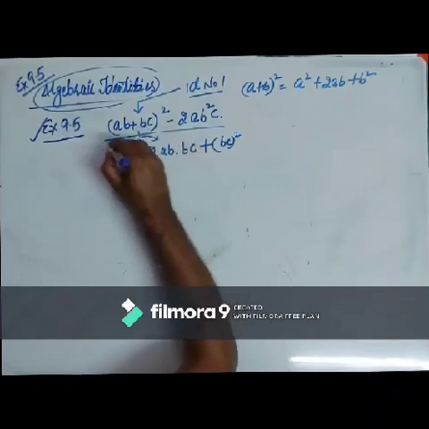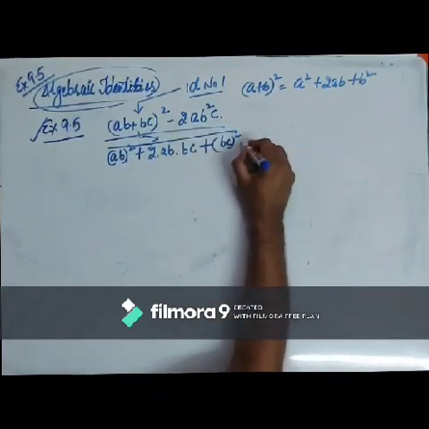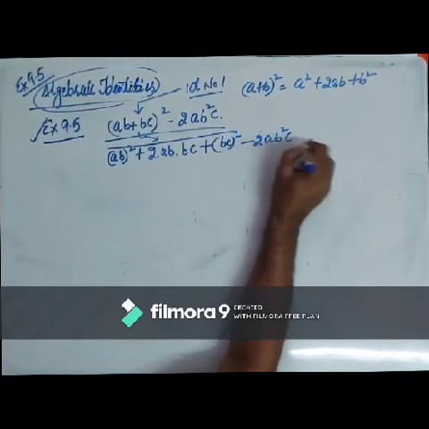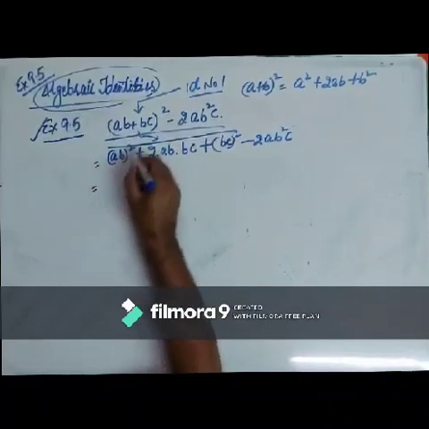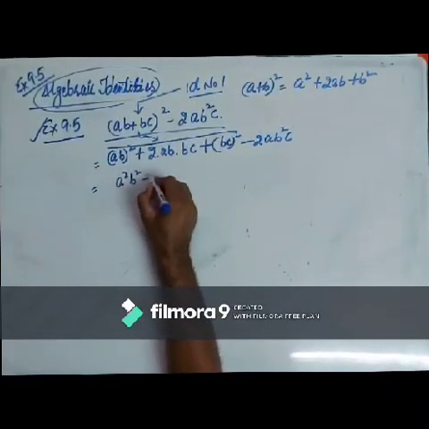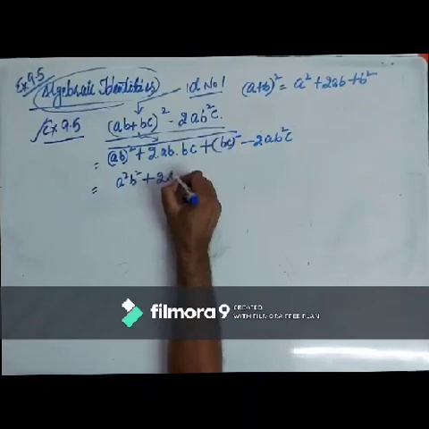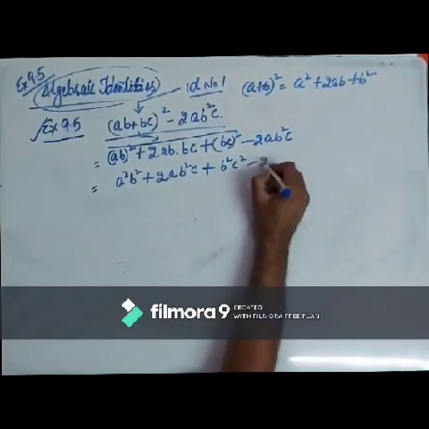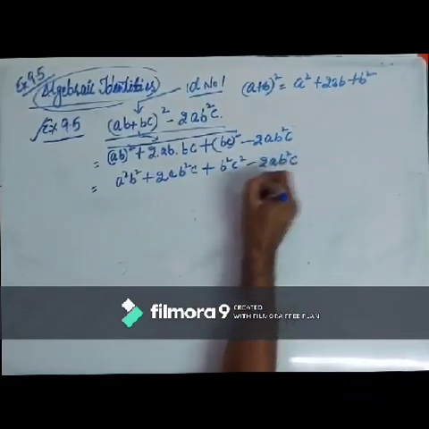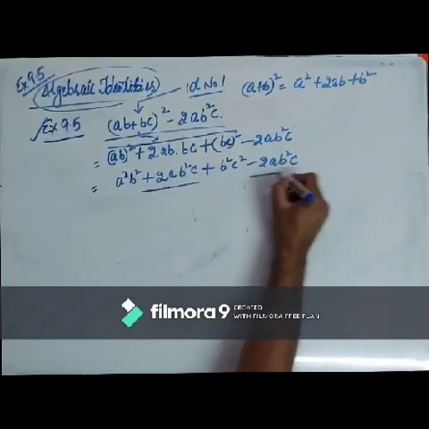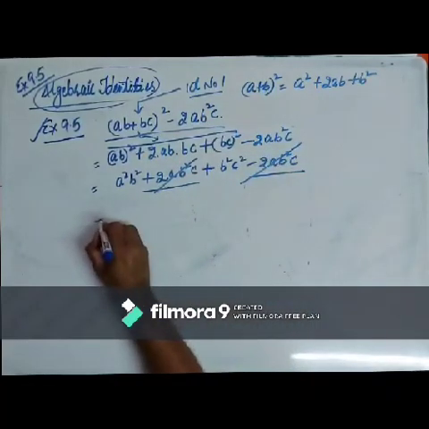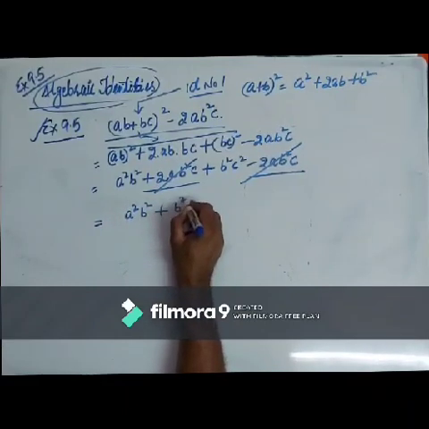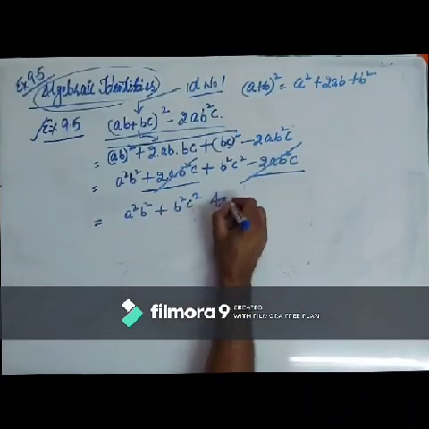So this is all about the identity number 1, minus 2AB square C is another term we have. So rearranging this is A square B square plus 2AB square C plus B square C square minus 2AB square C. So 2AB square C and minus 2AB square C will cancel out. You will be remained with A square B square plus B square C square as your final answer.